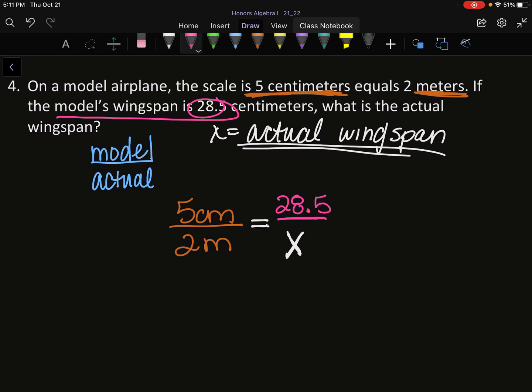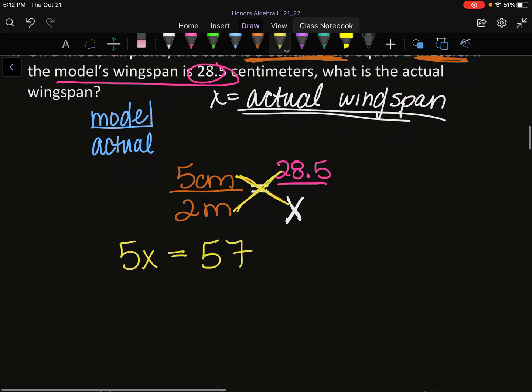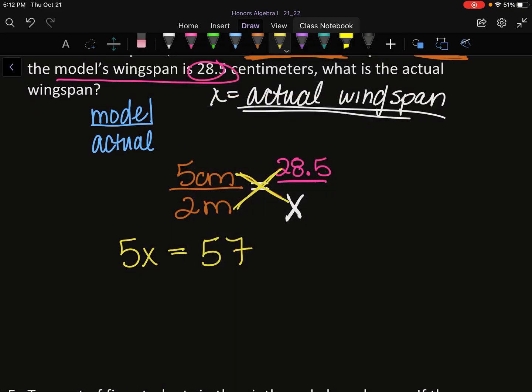Okay? And we'll cross multiply. So we got 5 times x, which is 5x. And then 2 times 28.5 is 57. And then I divide out the 5.